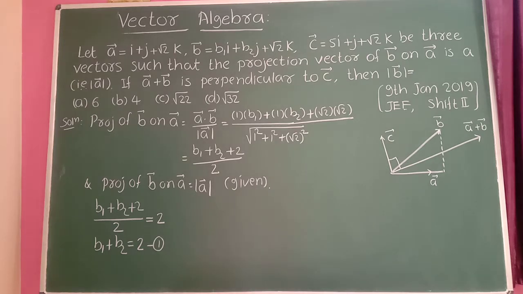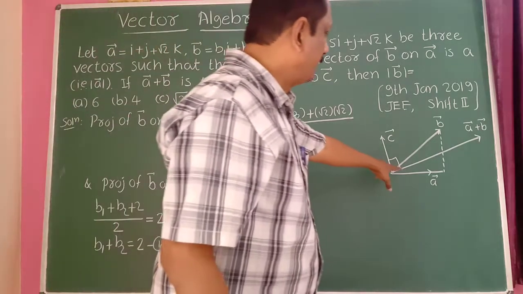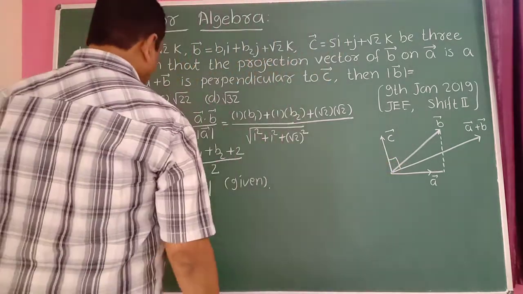Next, write a bar plus b bar. A bar plus b bar is perpendicular to c bar.